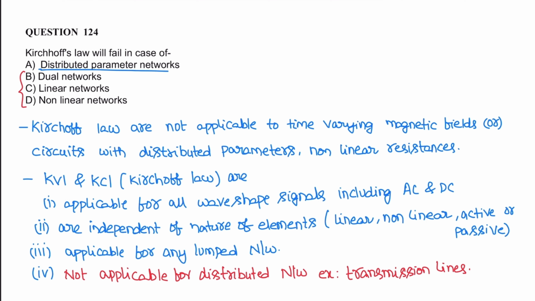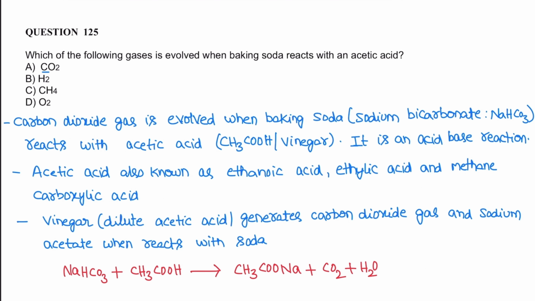Next question. Which of the following gases is evolved when baking soda reacts with acidic rain? So that is carbon dioxide. Baking soda, sodium bicarbonate, NaHCO3. When NaHCO3 reacts with acetic acid, CH3COOH, that is vinegar, it results in CH3COONa plus CO2 plus H2O.